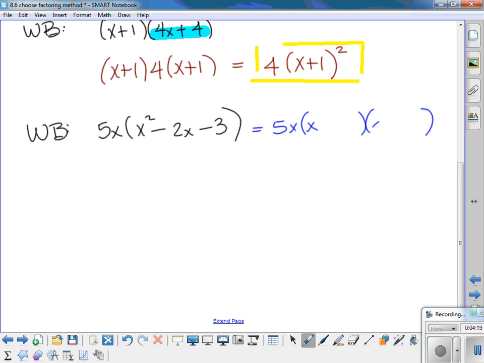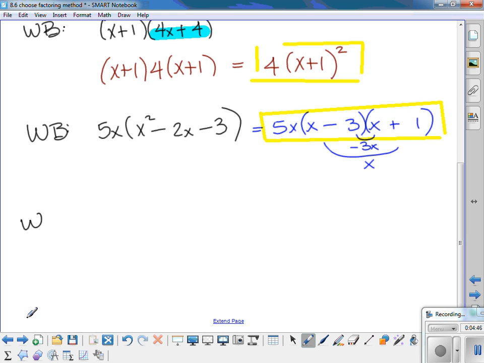To get x squared, it's x times x. How can I get 3? What times what is 3? There's only one way, right? 3 and 1. Okay, so if I check the inside and the outside, I want them to have a difference of negative 2. Which one has to be negative? The 3 has to be negative, and that's positive. So 5x times x minus 3 times x plus 1 would be your final answer. All right.